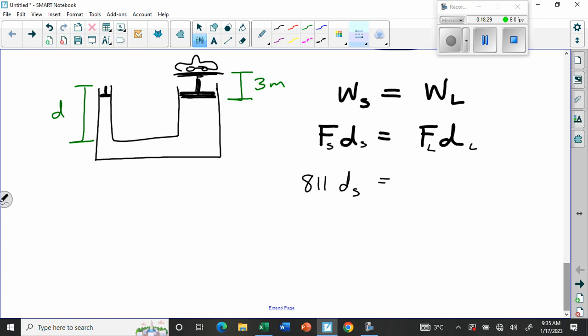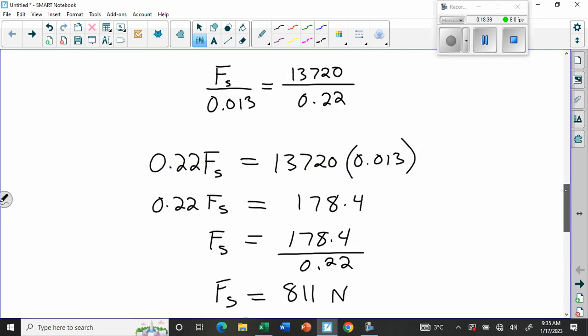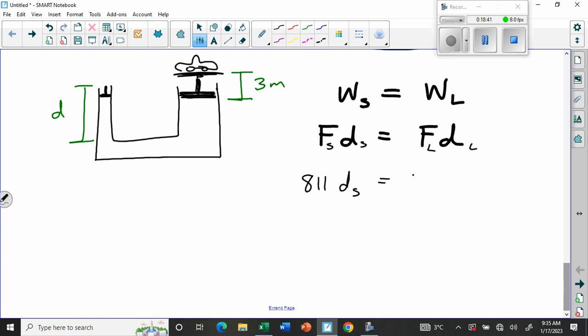Well, we know the force at the big piston, that was the weight of the car, right? And it was quite large. The weight of the car, 13,720. So 13,720 multiplied by the distance, we know how far we want this car to lift. We want it to lift 3 meters, so we need to multiply that by 3 meters. And you can see again how you can figure out the math here.